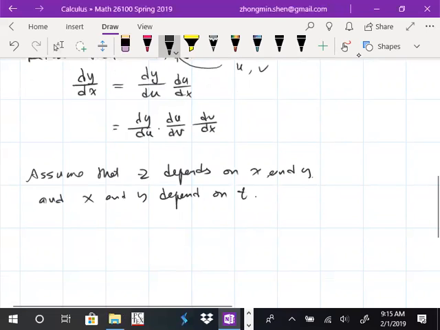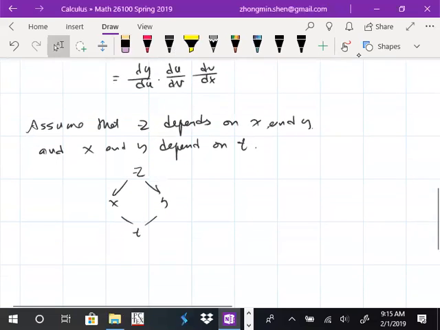Instead of one variable between z and t, there are two variables between z and t, right? First of all, z depends on t. Very simple. You find the derivative of z with respect to t. But the dependency on t is not direct. It depends on x and y, like this picture, which both depend on t, right?